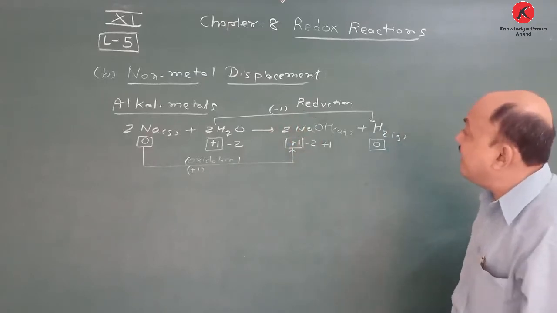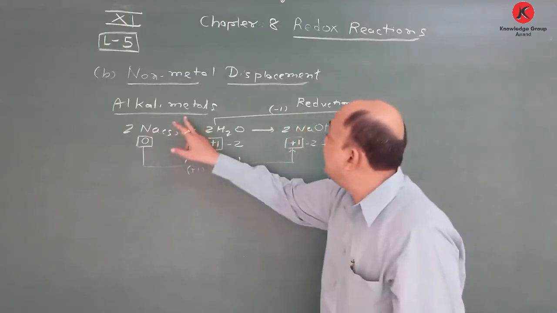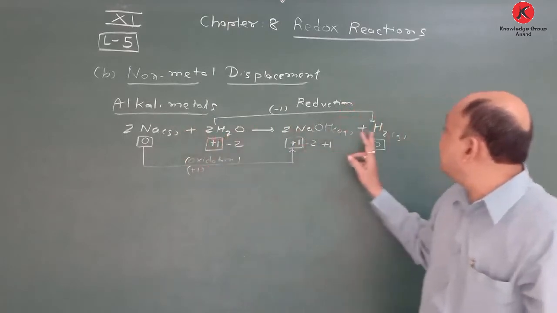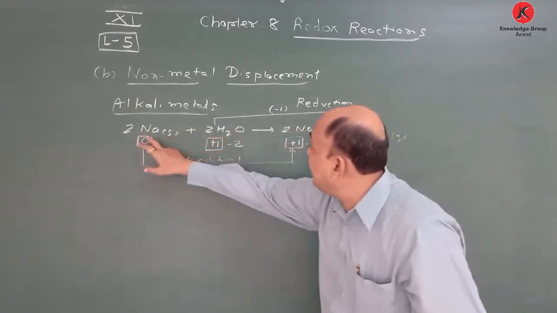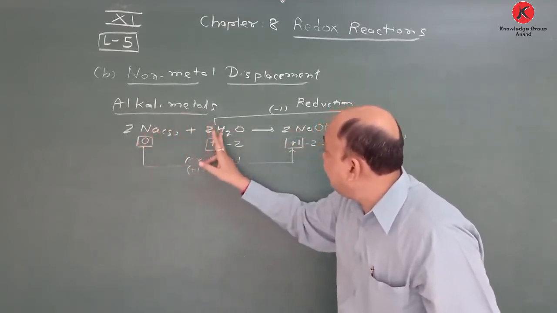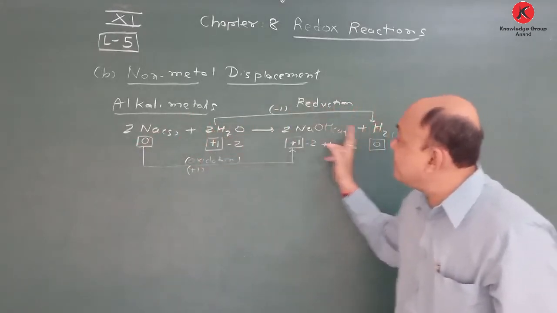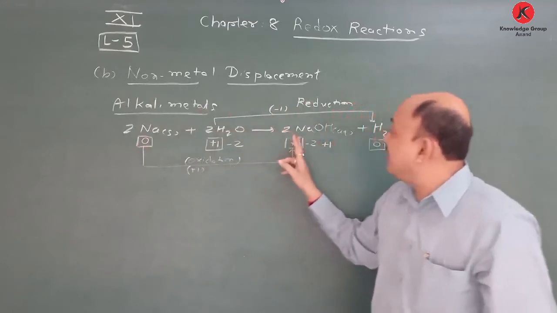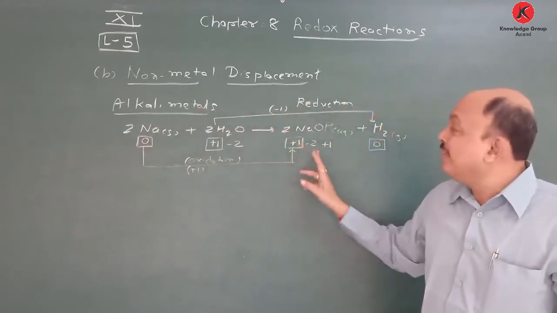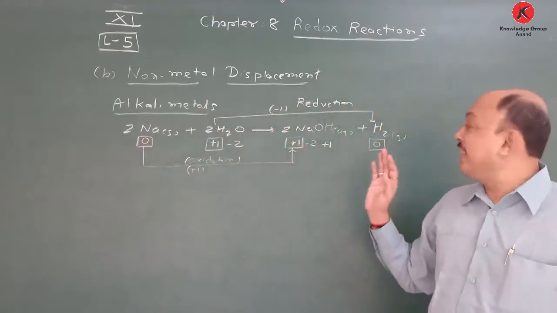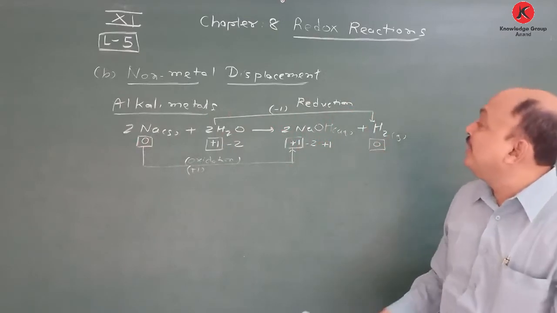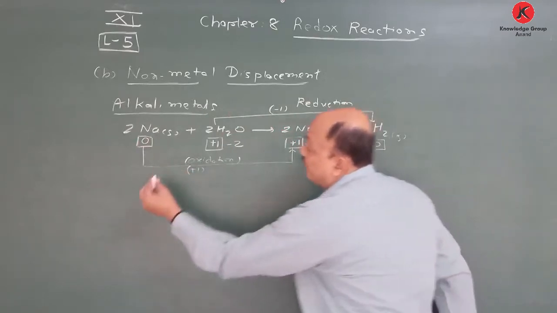So we can say that the alkali metal is replaced by H plus. Alkali metal reacts with H plus to give H2 gas, and Na solid is converted into Na plus. If we write it in ionization form, then it becomes very easy.